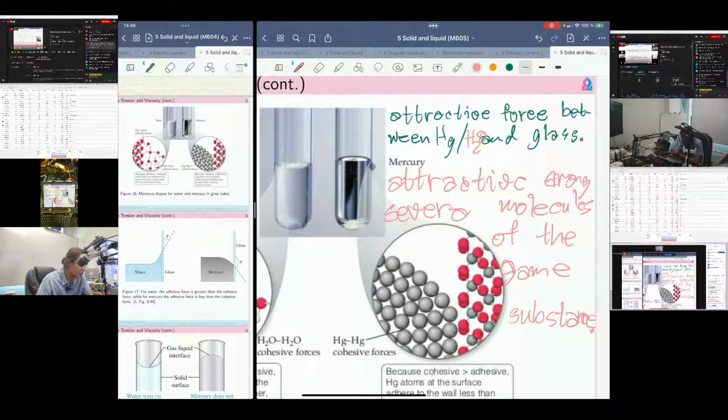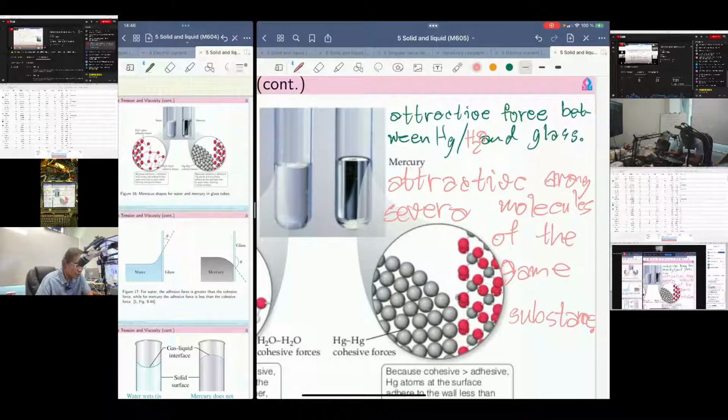All right, and let's get to the right situation. What happened with the mercury case? The gray one represents the mercury molecule, or mercury atoms, and one piece represents one molecule, and of course, with the same type of matter, there is attractive force too. But mercury is a fluid that has a great amount of density, so they stay quite close to each other, and the attractive force is quite strong, and it means the cohesive force for mercury to mercury is very, very strong.